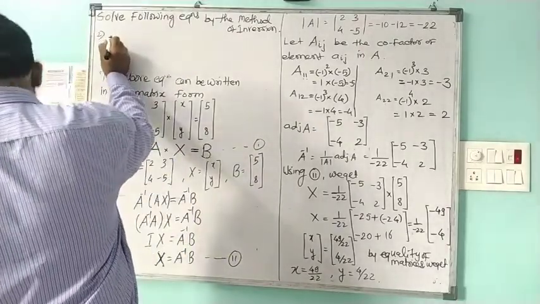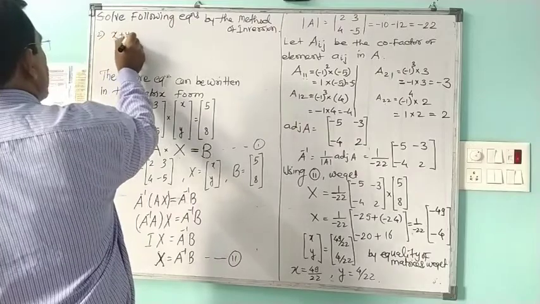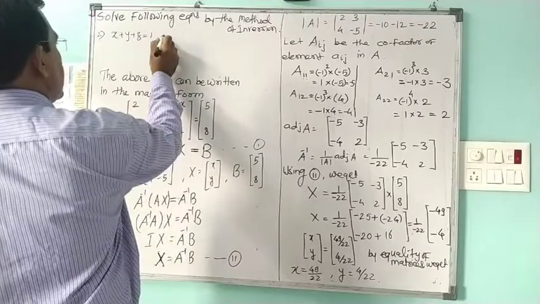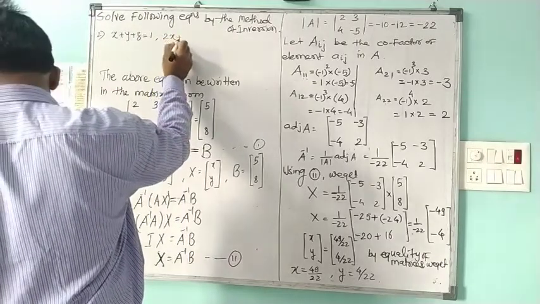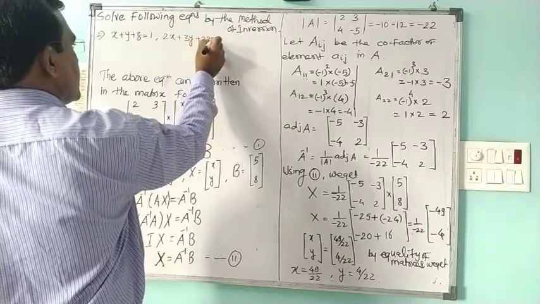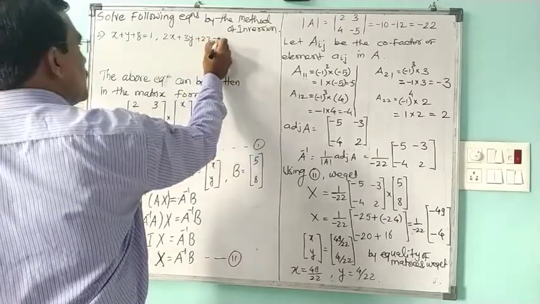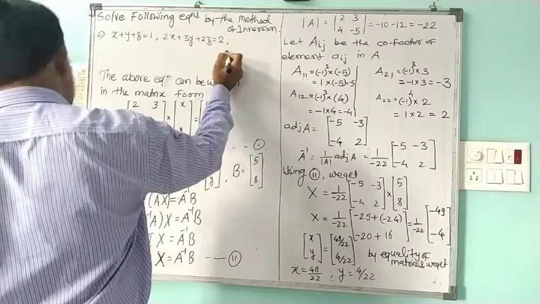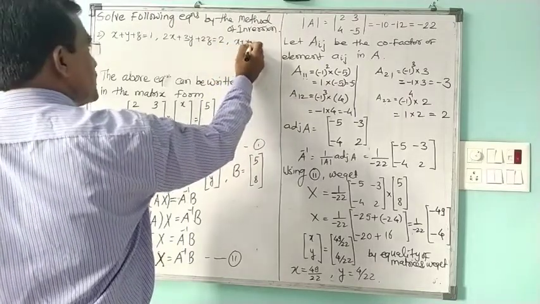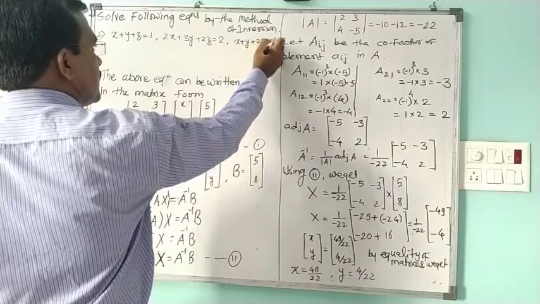Second will be like this: x plus y plus z is equal to 1. Second equation is 2x plus 3y plus 2z is equal to 2. And third equation is x plus y plus 2z is equal to 4.